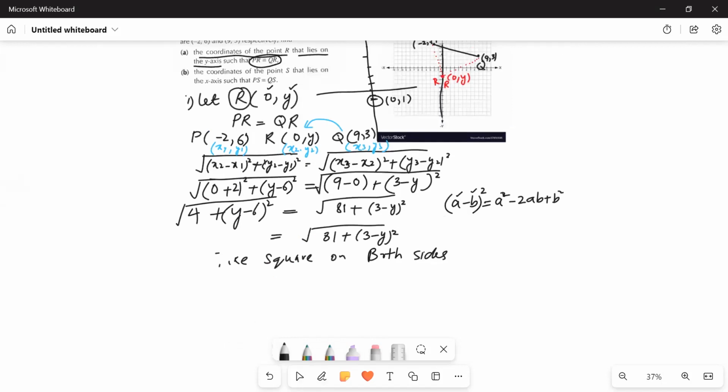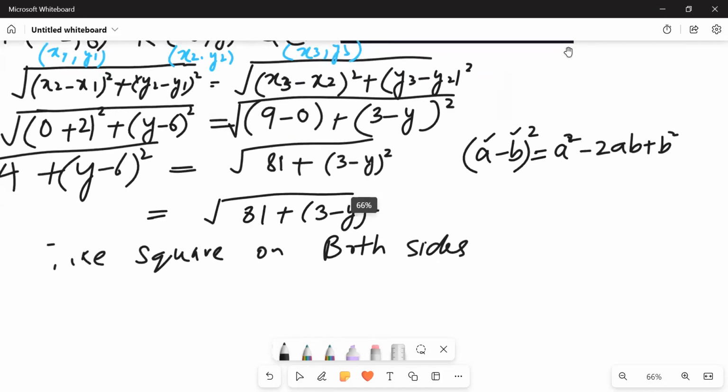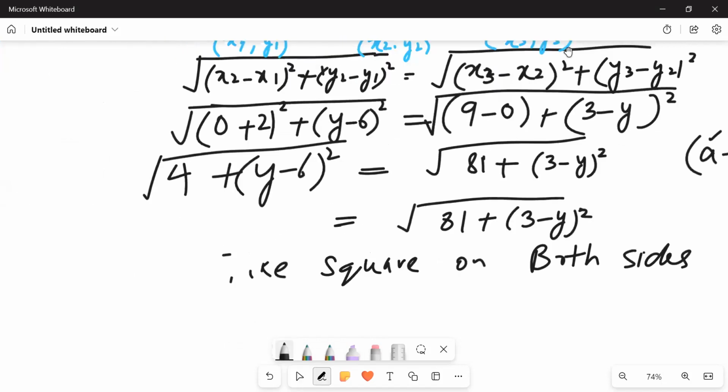Okay, according to this, 4 plus y minus 6 square. Now we are taking the square of both sides.